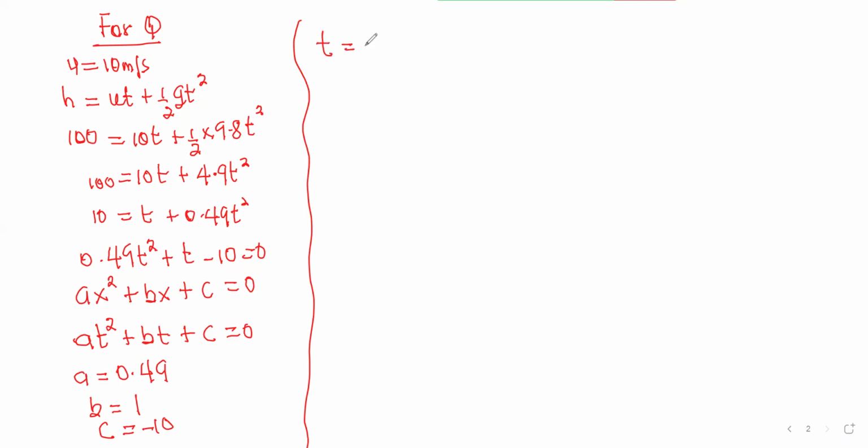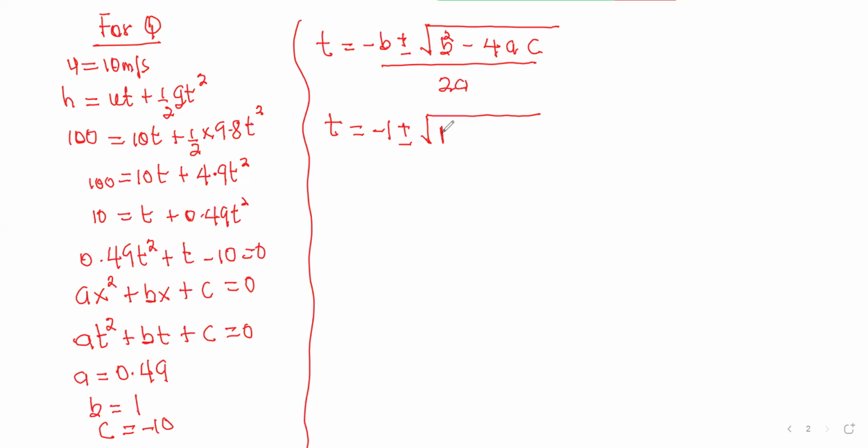T would be equal to minus B plus or minus square root of B squared minus 4AC, all divided by 2A, to find the value of T. So T will be equal to -1, don't forget B is positive, so because there is minus here, that will be -1 plus or minus square root of 1 squared, which is the same as 1, minus 4 times A, which is 0.49, times C, which is minus 10, all divided by 2 times A.